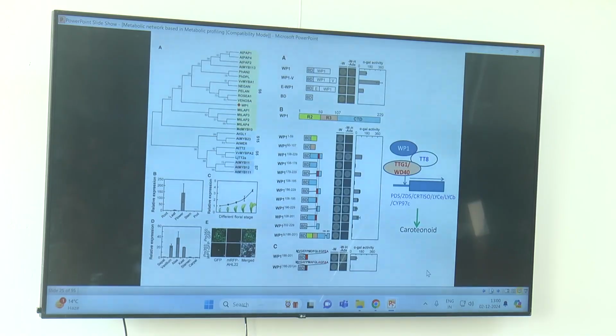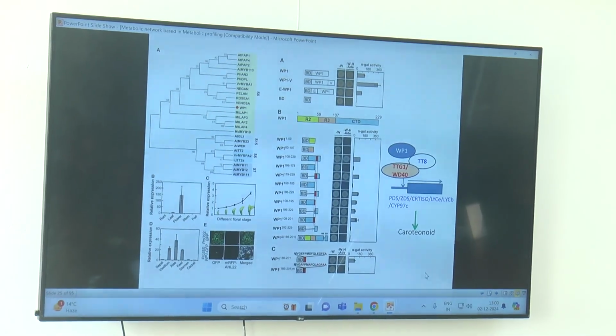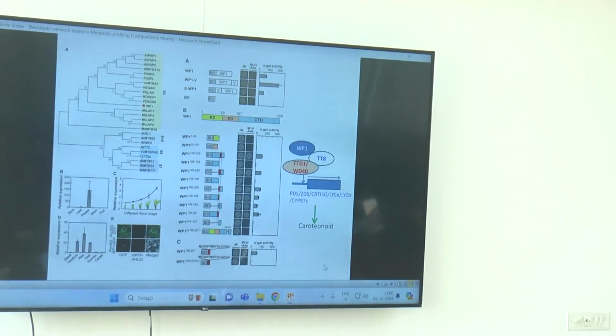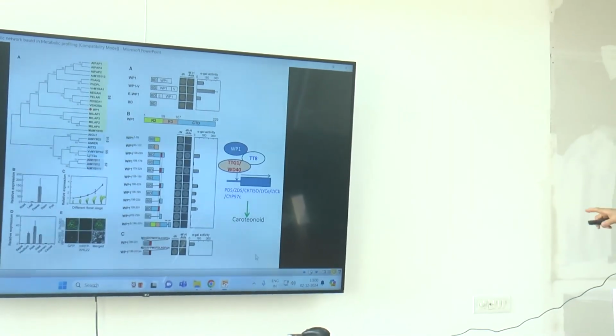Then we found that the MYB transcription factor belongs to the R2R3 family, very closely related to LAP1 or PAP1. Those transcription factors regulate anthocyanin biosynthesis. Then they also confirmed that they can interact together to form an MBW complex.